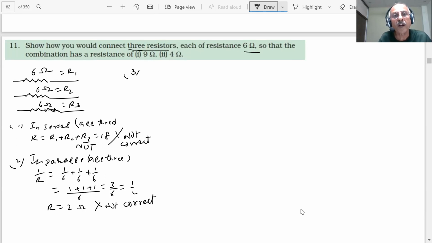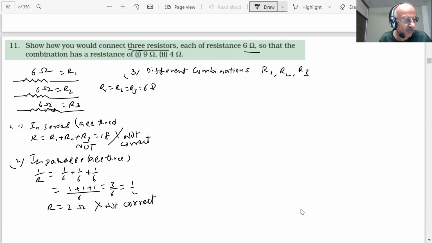You can try different combinations of resistors, different combinations of R1, R2 and R3, students. Here R1 is the same and R2 is equal to 6 ohms. Try the other combination, students.